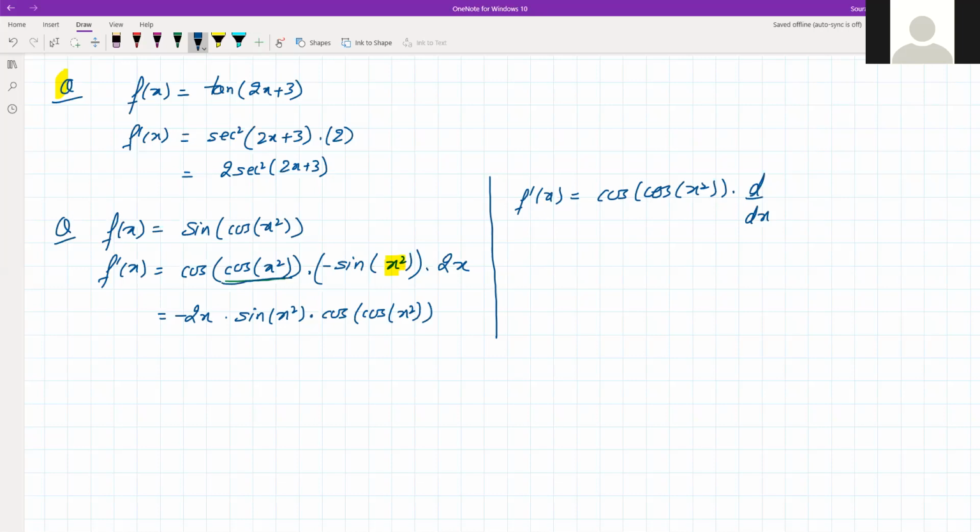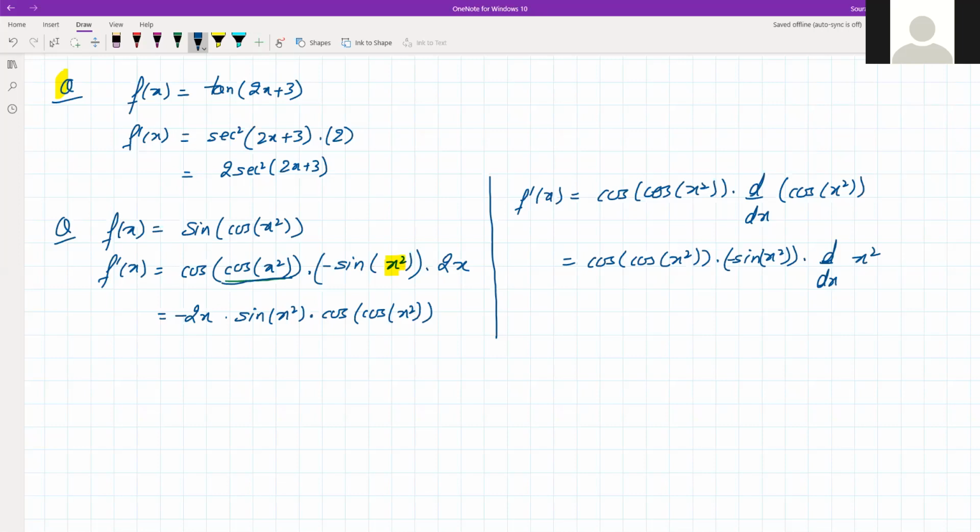So this will be cos of x square into internal function is cos, so its differentiation will be minus sine of obviously x square, and then the function is x square, so its differentiation, that is d by dx of x square.